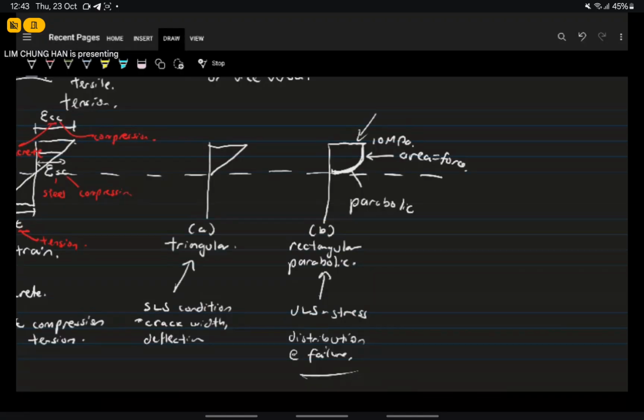Okay, now how do you calculate a parabolic area? You can use a computer, but using hand calculation is very difficult. Very difficult to calculate a parabolic area.